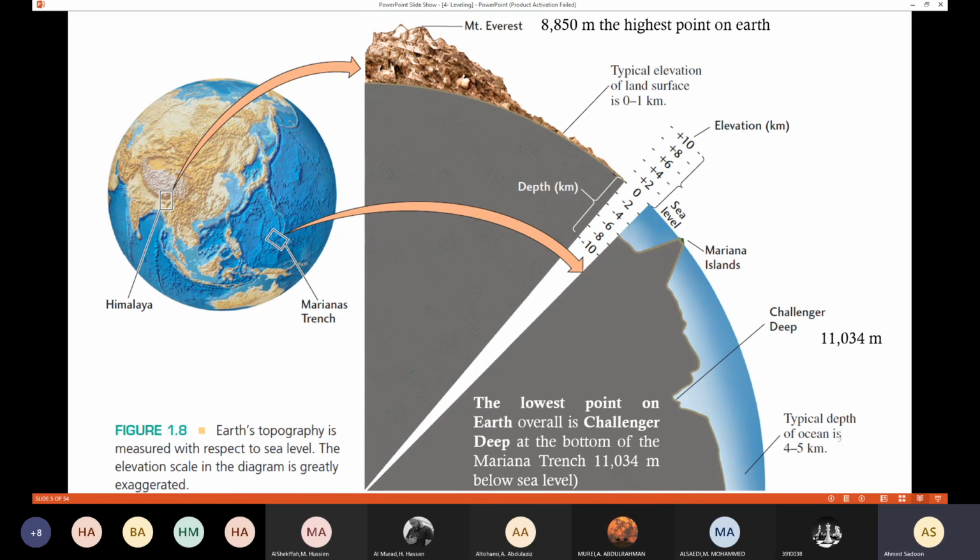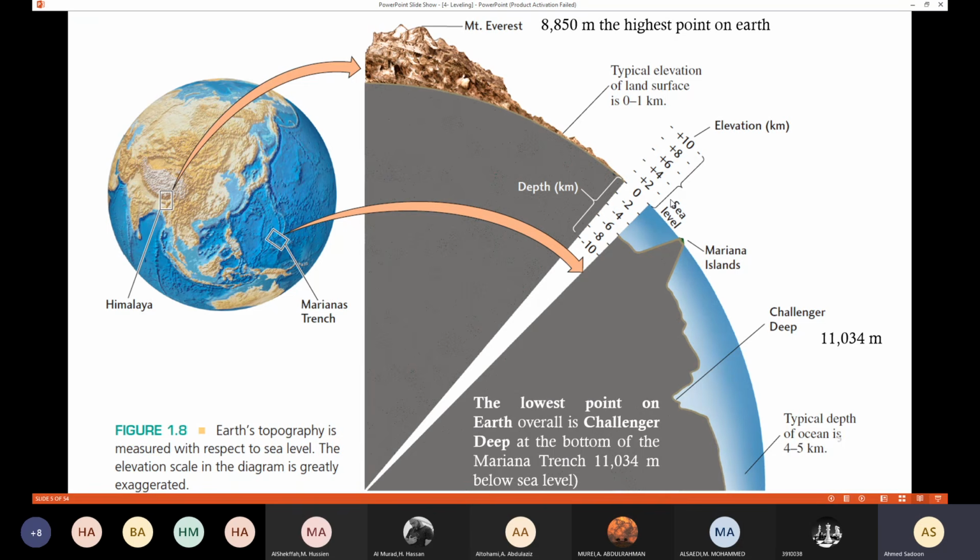If you are going to measure the height of something, you need to have a reference for that. And the most used reference is the sea level. So we are going to measure the height of objects on the surface or under the surface using the sea level. The sea level here is going to be 0. Everything above the sea level is going to be positive, for example, positive 2, 4, and so on. Everything below the sea level is going to be measured with a negative sign, -2, -4, and so on.